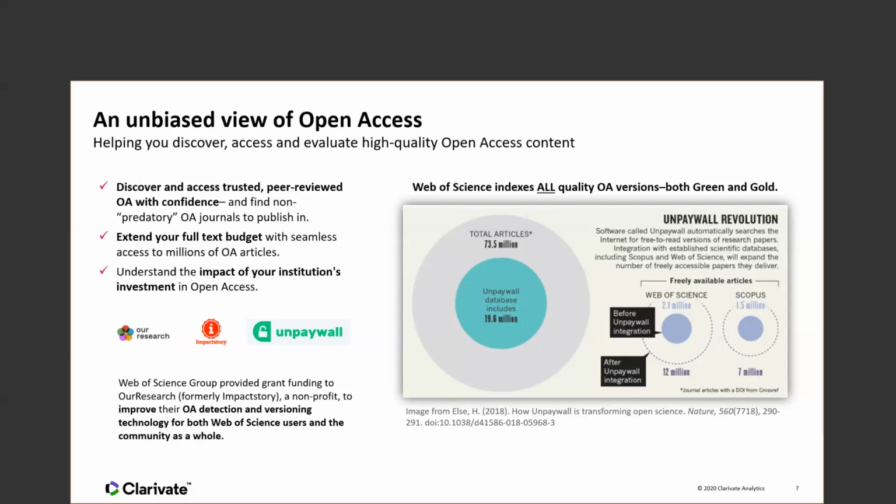It's completely different. And we have access to those PDFs free to read in the Web of Science because we are collaborating with a company that was called initially Impact Story. Now the name is Our Research.